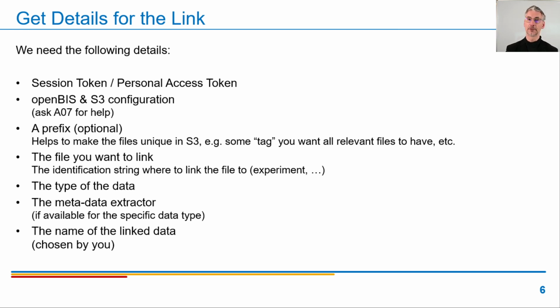Of course, you need the file or the files that you want to link and the identification string of where you want to link the file to, but this is also handled by the web page, but you at least need the experiment that you want to link to. You need to specify the type of the data, and if a metadata extractor is already available, that will be shown to you. And you can name the linked data, so you can come up with a suitable name for your data under which it appears in OpenBIS.